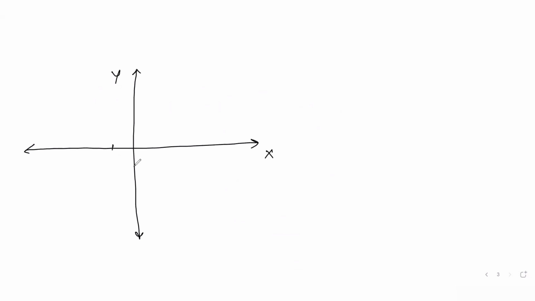Now, let me show it to you here. I have my y-axis and my x-axis. My coordinates are minus 1 here somewhere, and this is my equation of the line. The slope is 3 here. So if I draw this, let's say this is your tangent line, y equal to 3x plus 2.